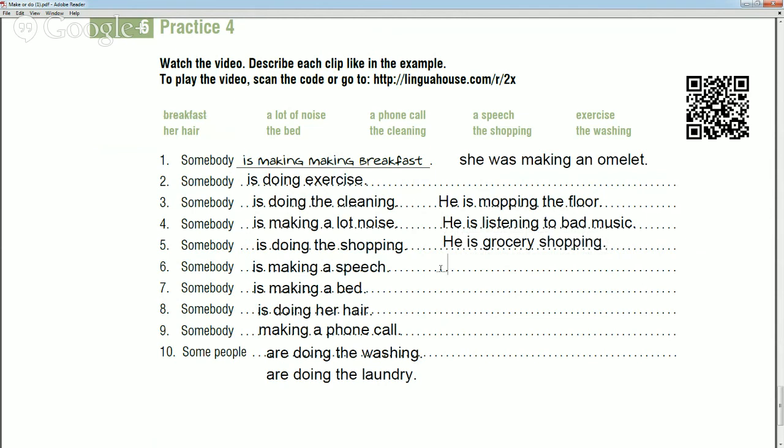I think that's the only way you can do that one. Making a bed is the only way. Maybe for this one, she is getting her hair... No. I guess she's doing her hair is the only way. But if somebody else were doing it, then she could say she is getting her hair done. But making a phone call, that's the only choice. Some people are doing the washing, doing the laundry. All right.